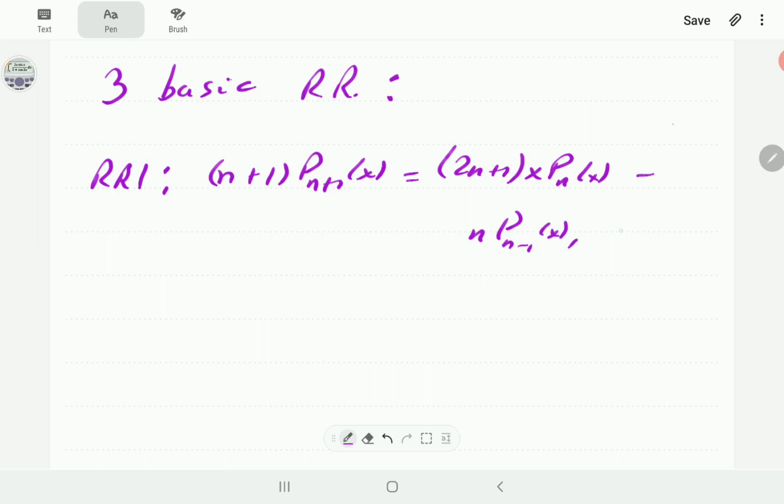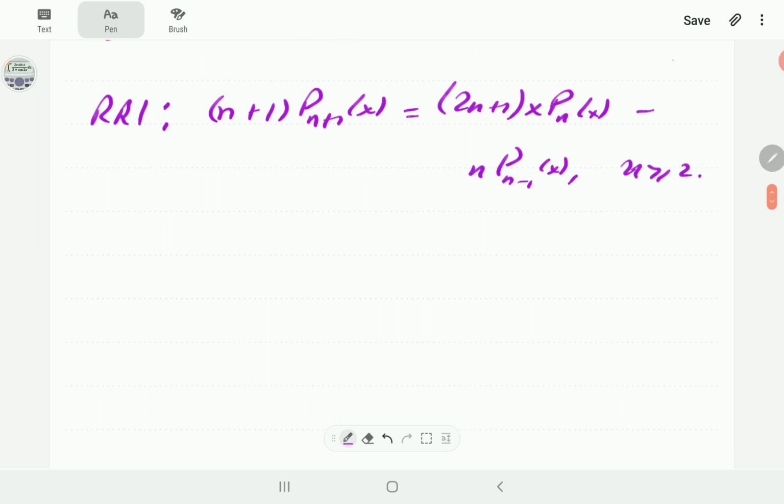This is going to be true whenever n is 2 or greater.